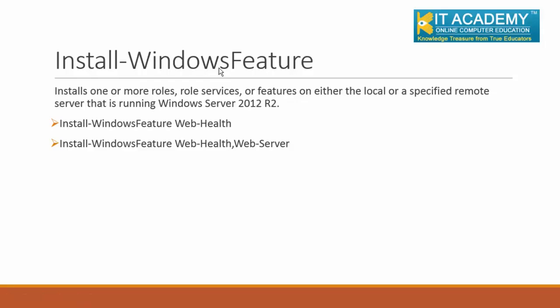Though I could easily work with add Windows feature even on Windows 2012, as I just did in the last two lectures. The syntax is pretty similar. You can simply say install Windows feature followed by the feature name. If you have multiple features to be installed, please separate them with commas. So let's go back to the PowerShell session and try to run these two commands.